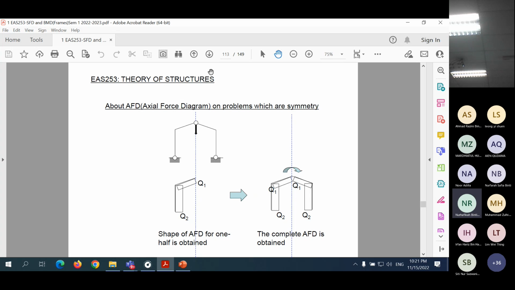So here, we take note that it is symmetry, so we calculate only one side to save time, and then we do the flipping here. Because it is symmetry, we can complete the other side. So we save time in the calculation. Okay. So this is one characteristic that we are going to make use of in the final example.